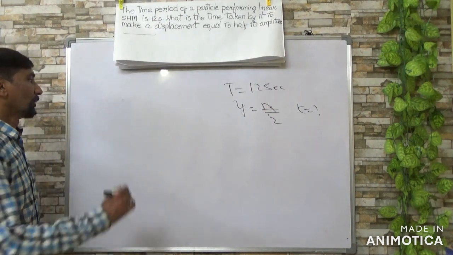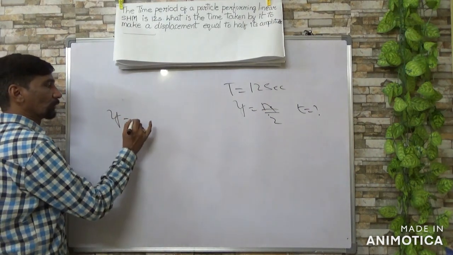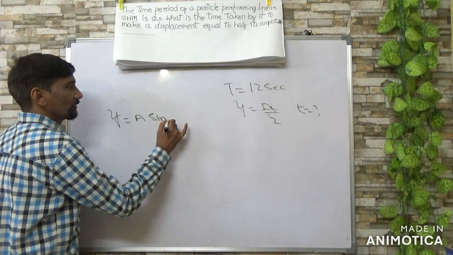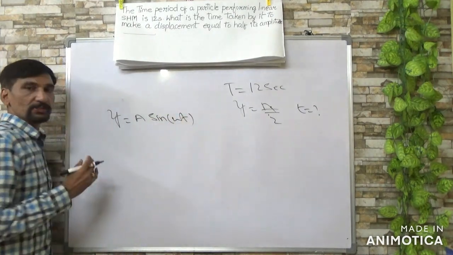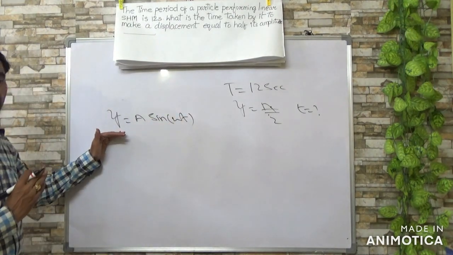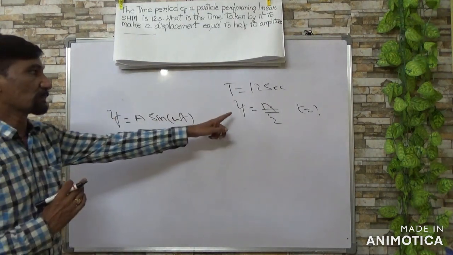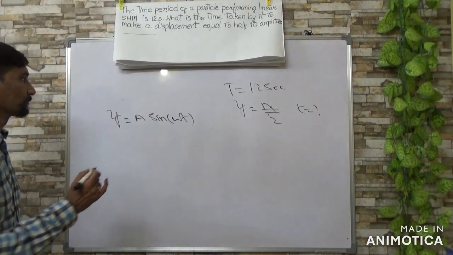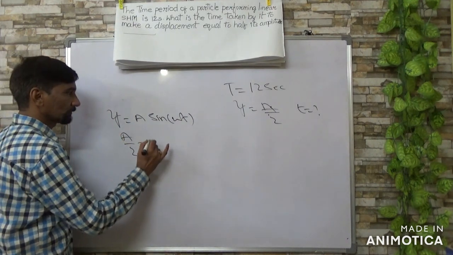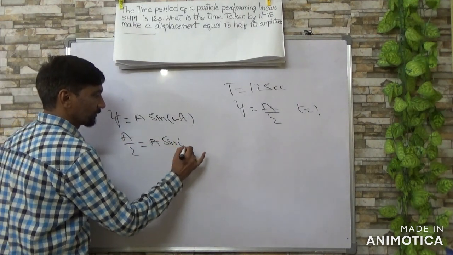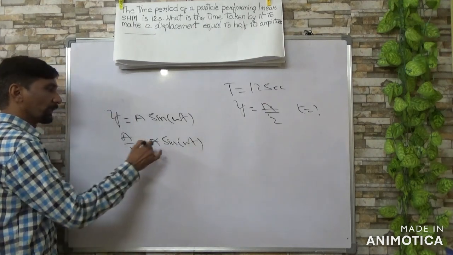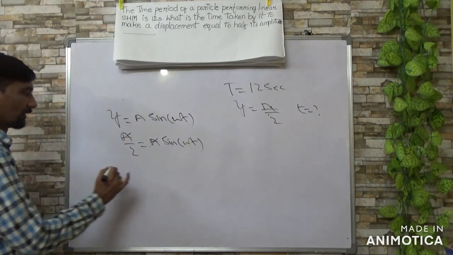So y is equal to a sine omega t. So at an instant its displacement is a sine omega t. But according to the problem, the displacement is given as half of the amplitude. So a sine omega t equals a by 2. a cancelled.